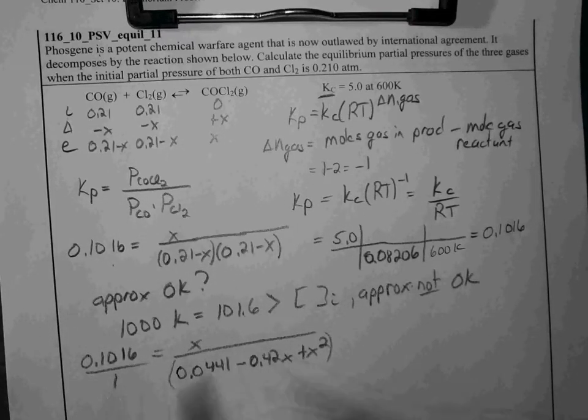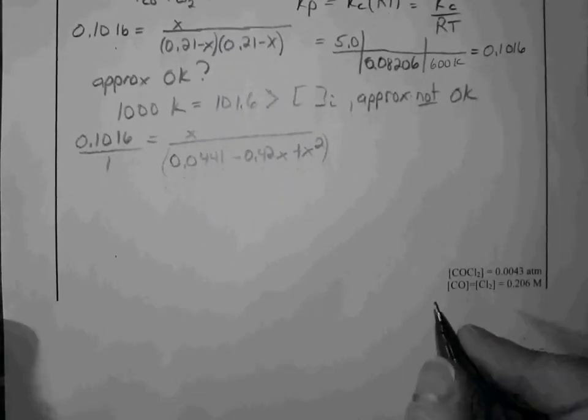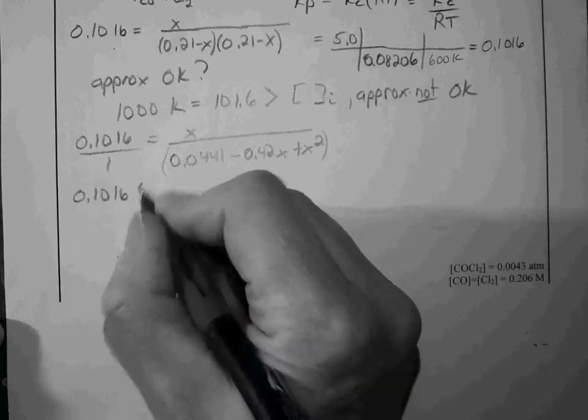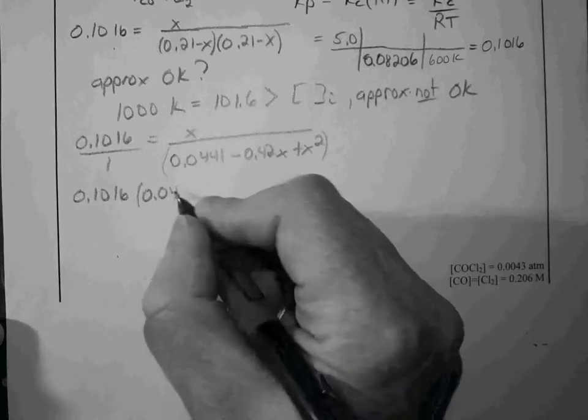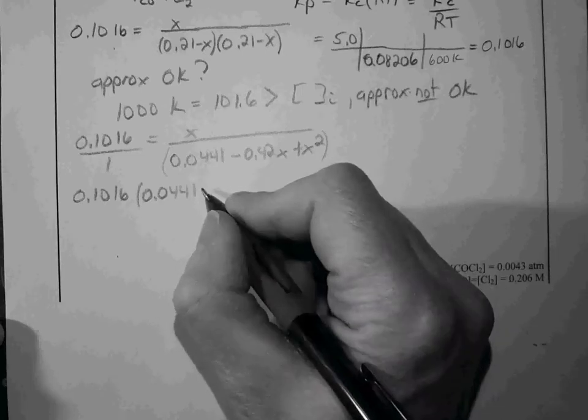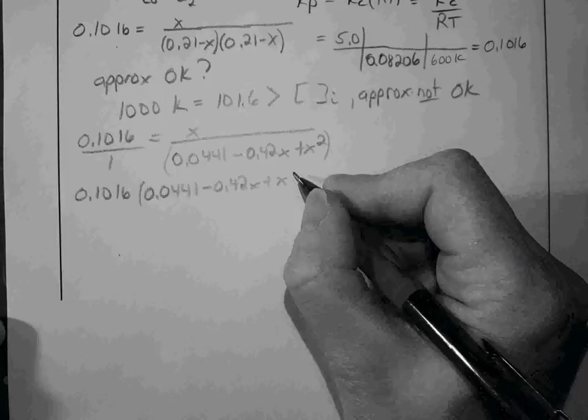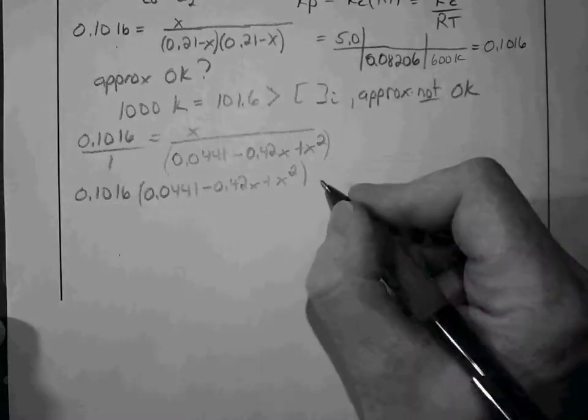Okay, so for x, we'll cross multiply here. So we have 0.1016, and we're going to multiply all of these things by that constant factor.